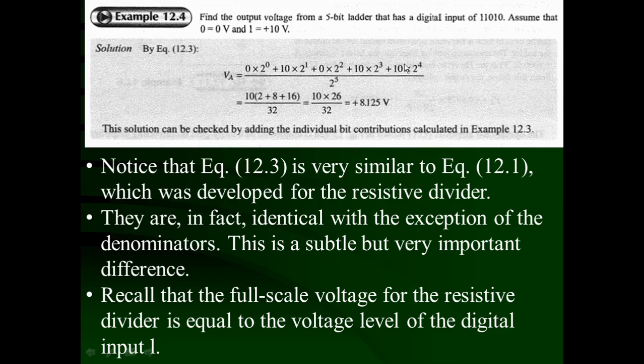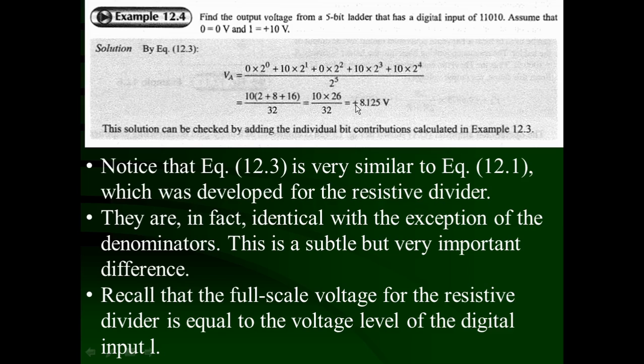Now, wherever it is multiplied with 0, that can be removed. For the remaining terms, 10 is common everywhere, so it is taken outside. Remaining is the position weight. So 2^1 is 2, 2^3 is 8, and 2^4 is 16. So 16 plus 8 is 24, plus 2 is 26, multiplied by 10 gives 260, divided by 32, since 2^5 is 32.